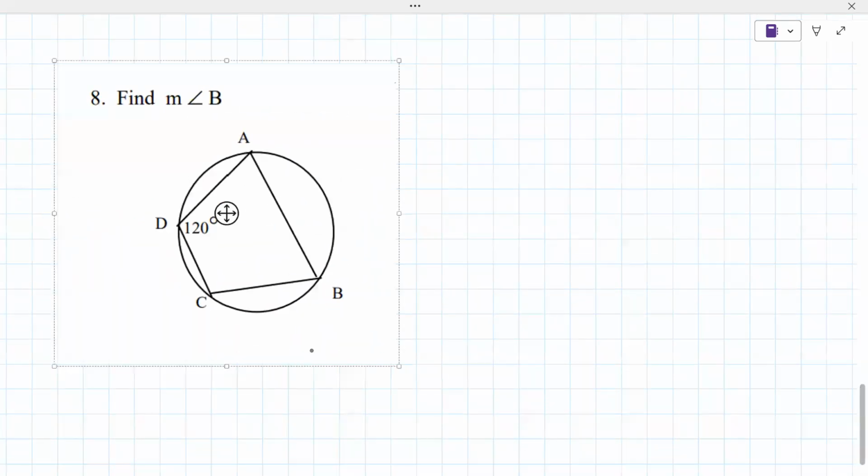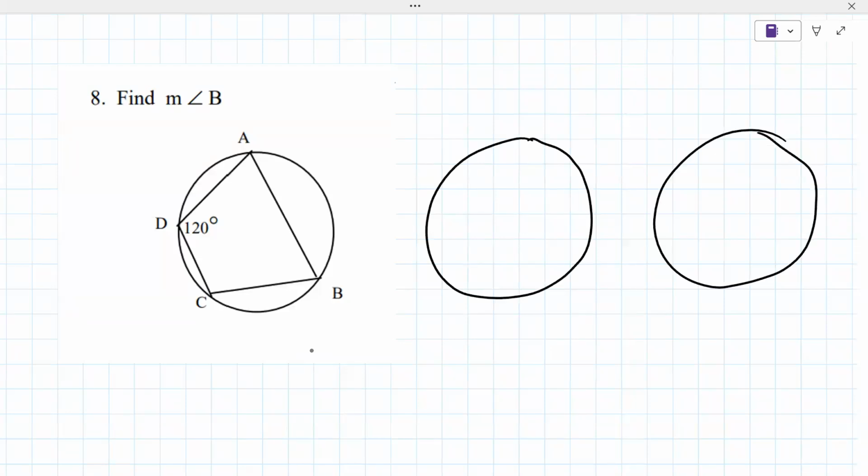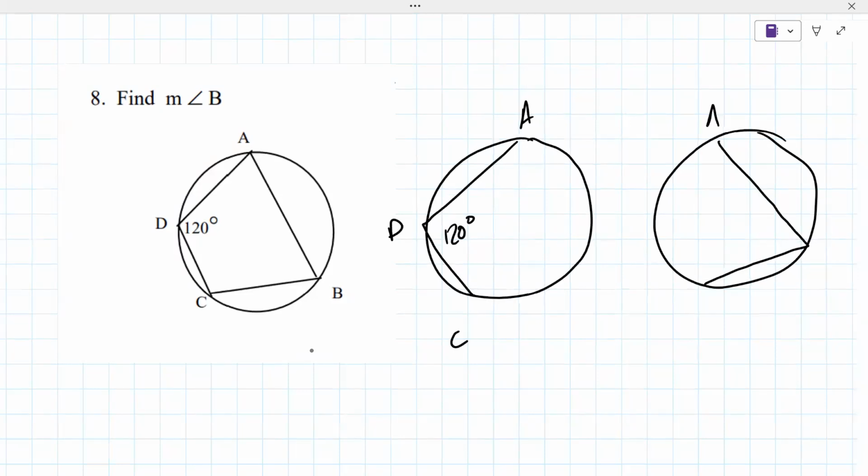Again, there's this idea that you really want to break apart the circles. Until you see a few problems, you don't know how to break them apart. But this is A, B, C, which is 120. And then this is A, B, C on the right here.